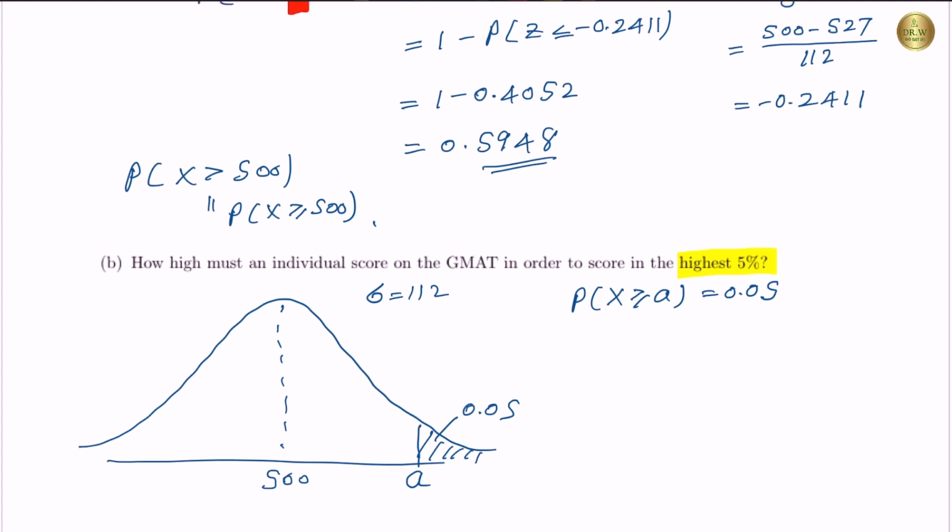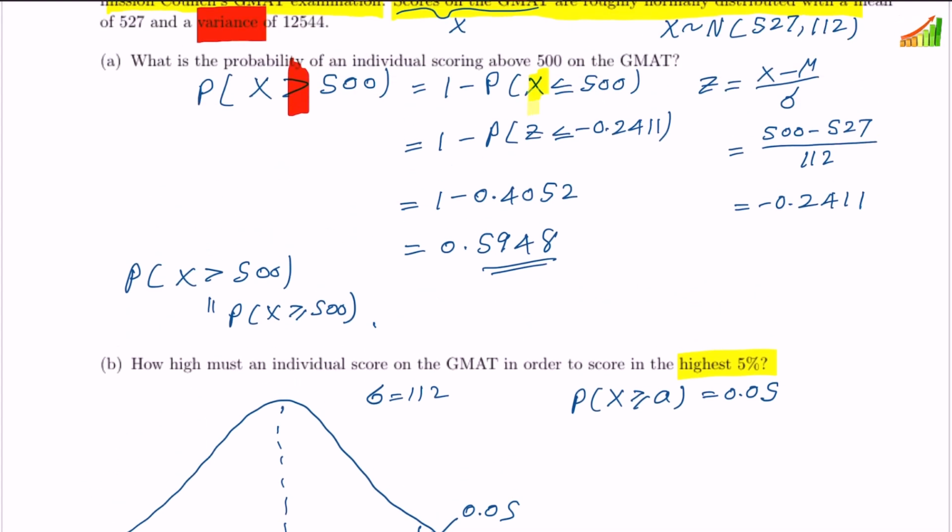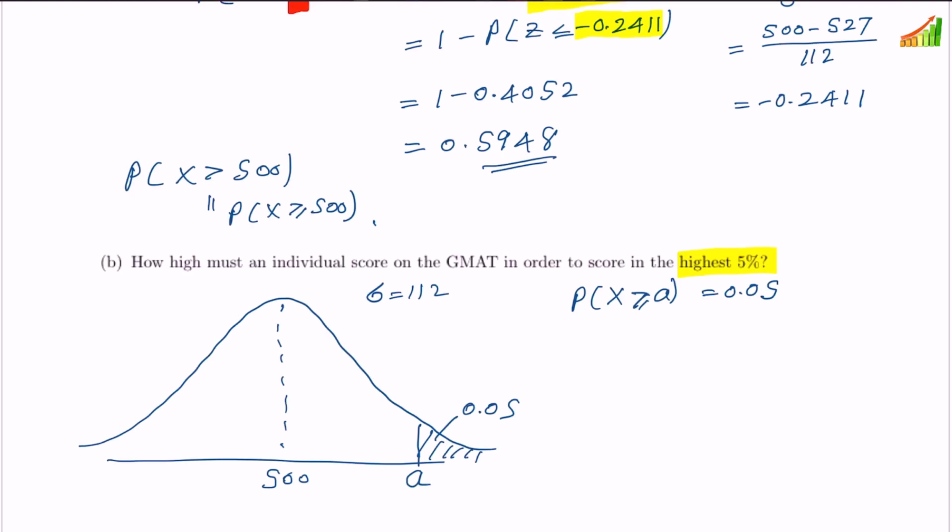Now compare with the first one. First one, X less than or equal 500. That means we were looking for a probability because we knew the value in the parentheses. But here we know the probability, 0.05, and we are looking for the number in the parentheses, which is A. Again we have X greater than or equal A, and we cannot use the table keeping greater than or equal.